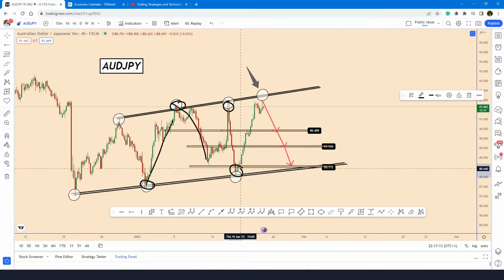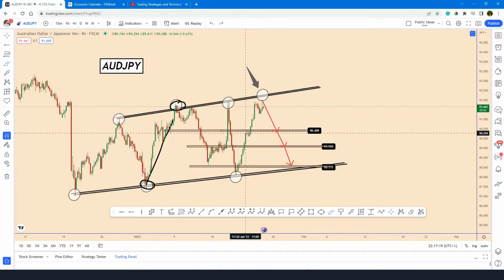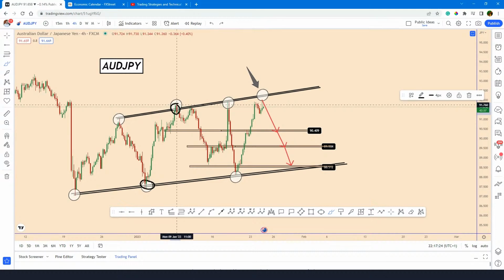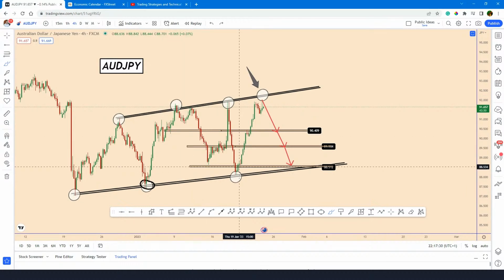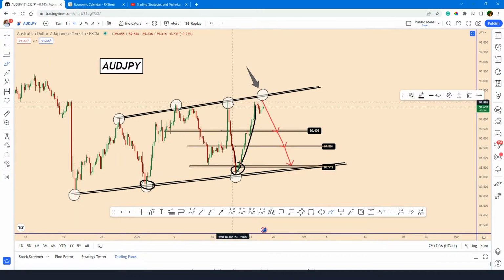These are very clear for our structures, but on the other hand, they have a V-shaped reversal. So this type of reversals, we can never anticipate if price is going to continue higher or if price is going to just test a strong support area and to bounce again.